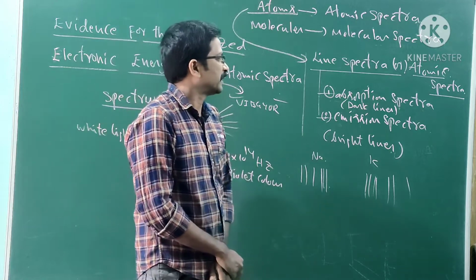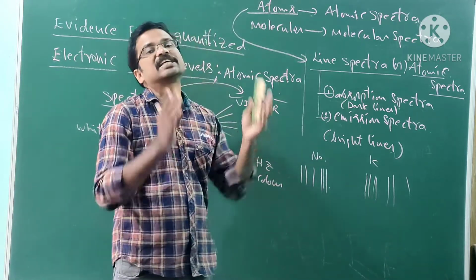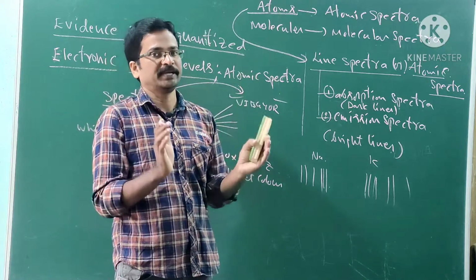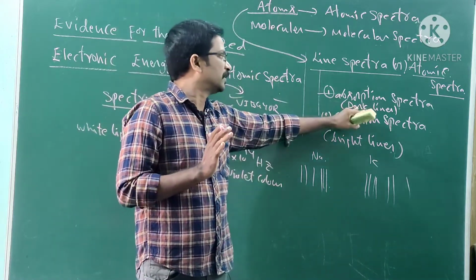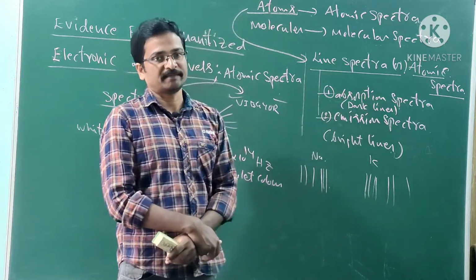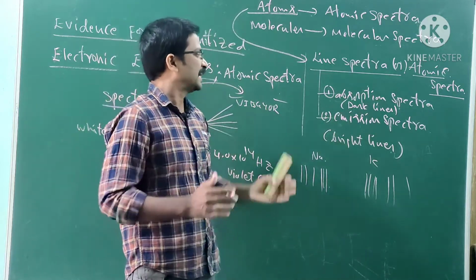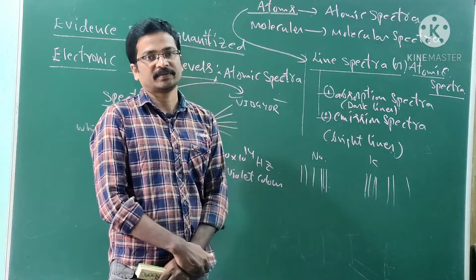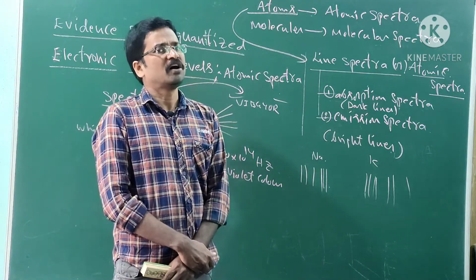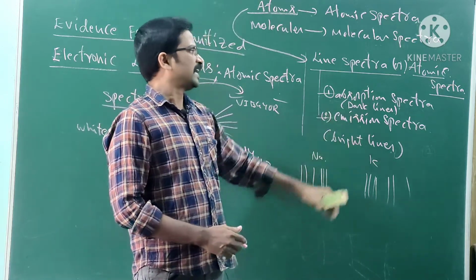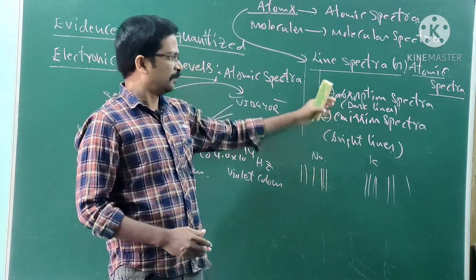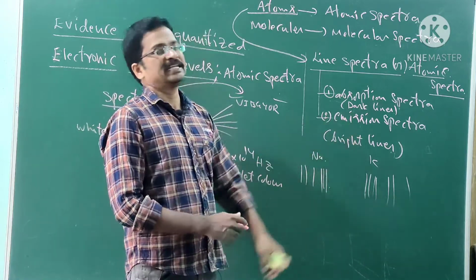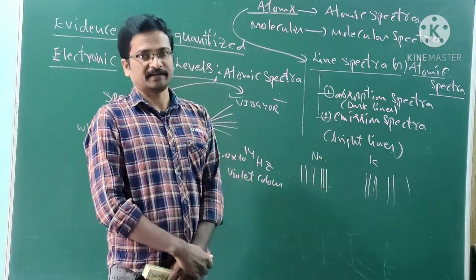In absorption spectra, dark lines appear in the photographic plate, whereas bright lines are observed in emission spectra. Let us focus on how dark lines arise in absorption spectra and how bright lines appear in emission spectra.